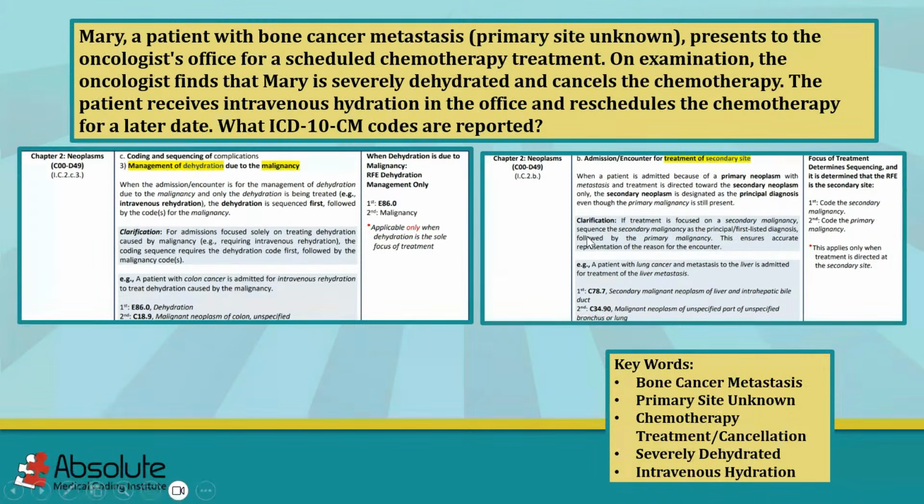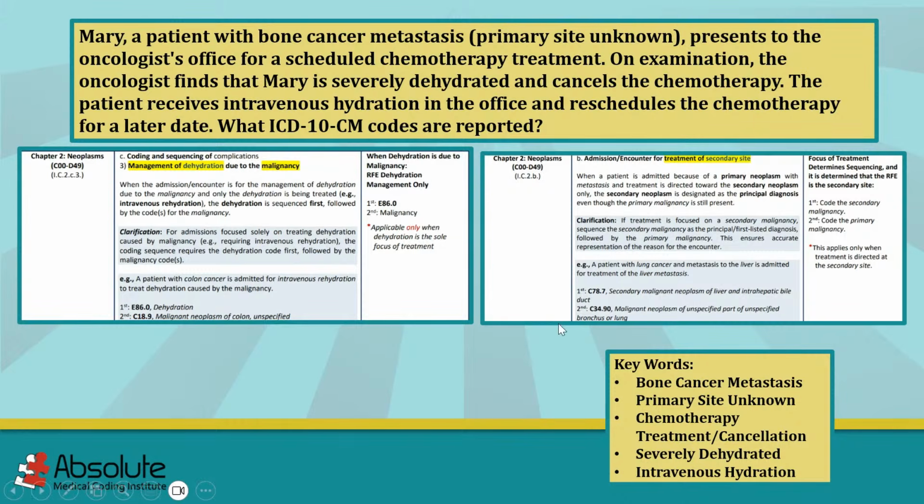The reason that we're picking this one is because the patient has bone cancer. The primary site is unknown. So the metastasis is another term for the secondary cancer. So she's getting treatment for a secondary site and the primary site is unknown. So because of this, we're also going to be using this guideline.